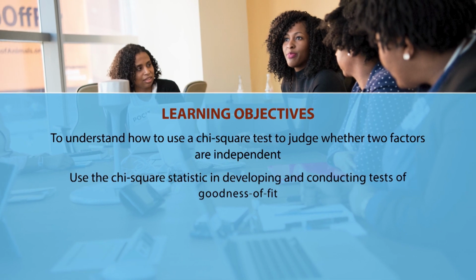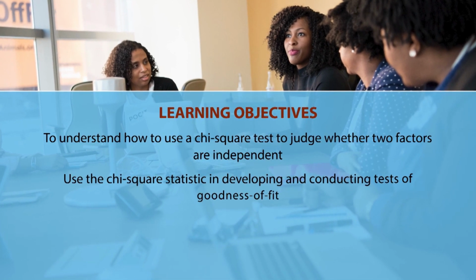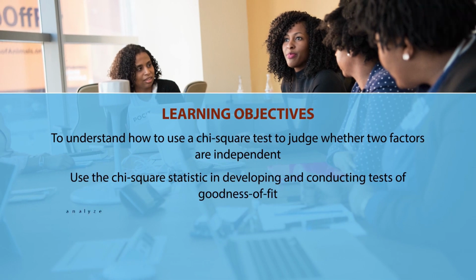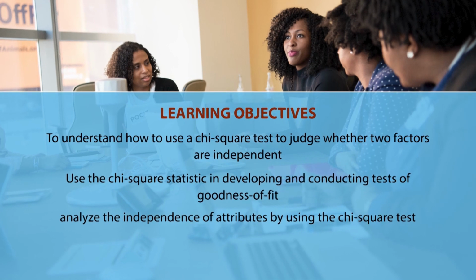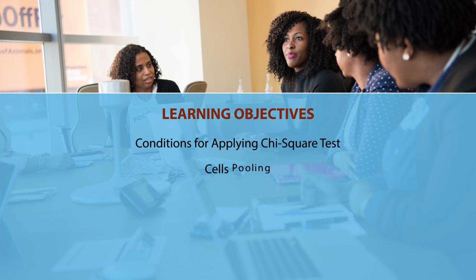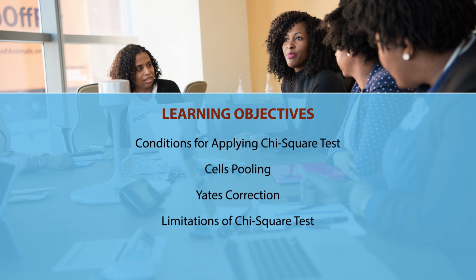We will use the chi-square statistic in developing and conducting tests of goodness of fit, and analyze the independence of attributes using the chi-square test. We will also cover conditions for applying the chi-square test, pooling, Yates correction, and finally the limitations of the chi-square test.